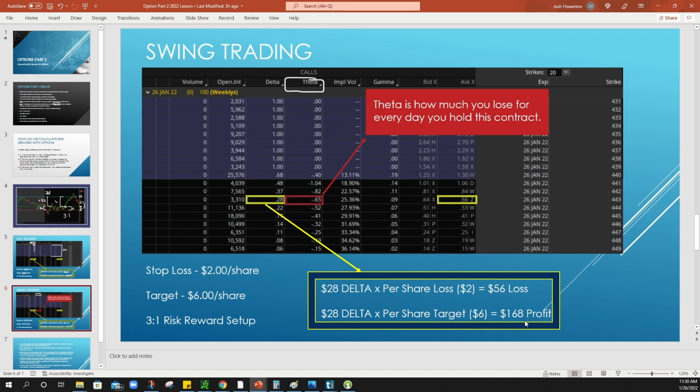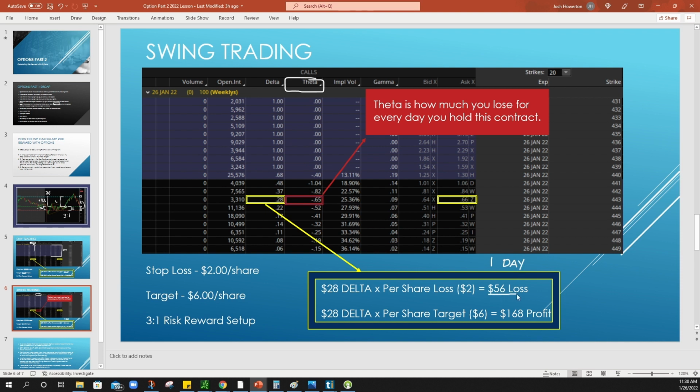So if you hold this contract from today, Wednesday, into tomorrow, what is your new loss? What is your new reward? The only thing you have to do is subtract the theta because you're holding it 1 day from today, Wednesday, to tomorrow, Thursday. Very easy.